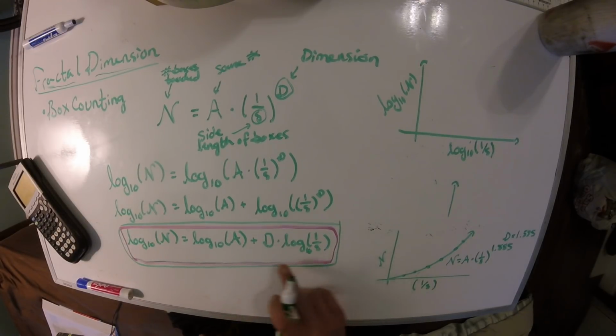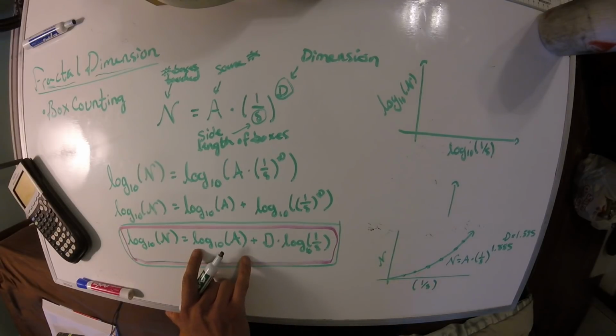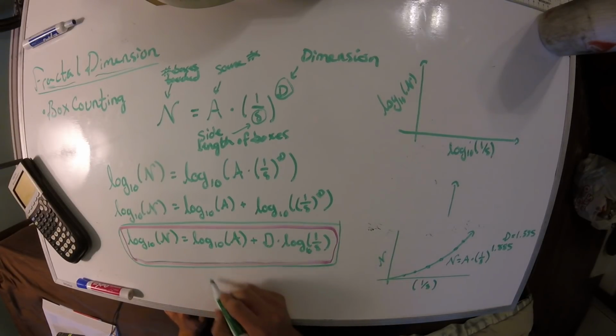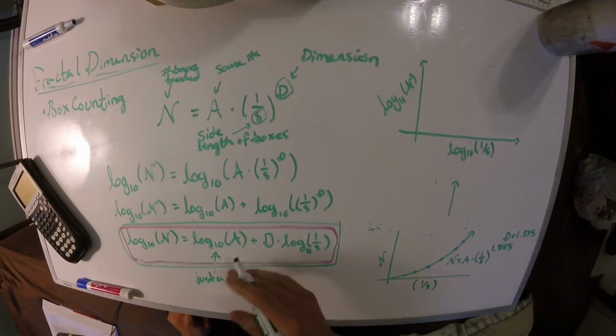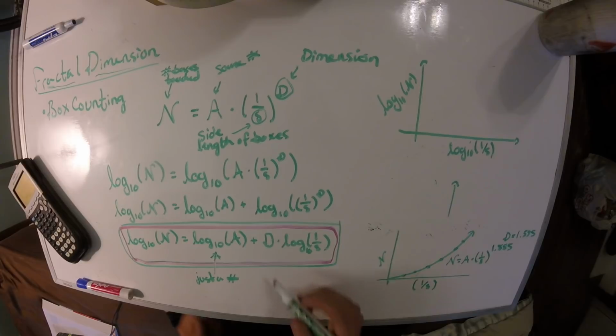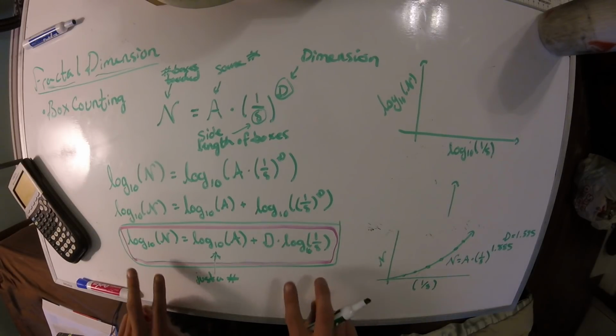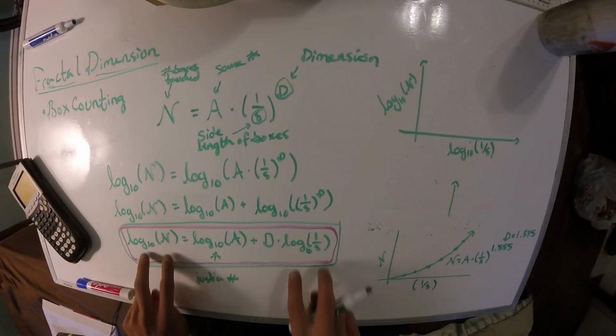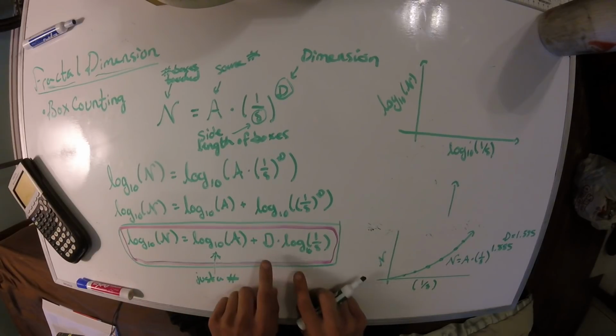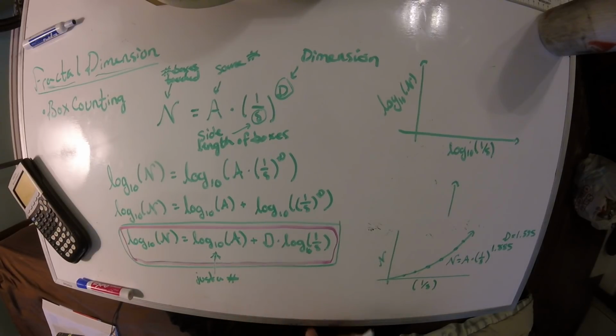This is just a number, a constant number, it's not changing. This is our dimension, which also doesn't change. So there is a linear relationship between these two variables that has a slope of the dimension.